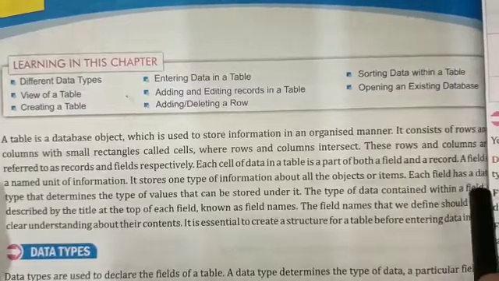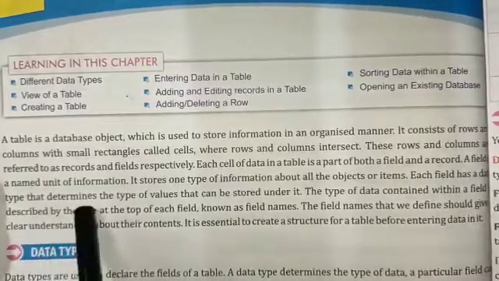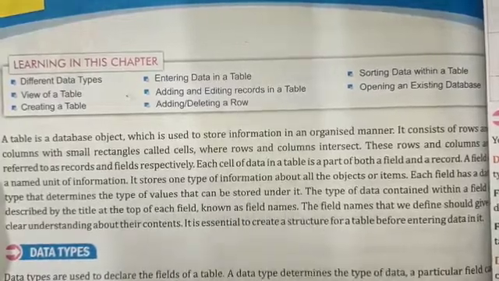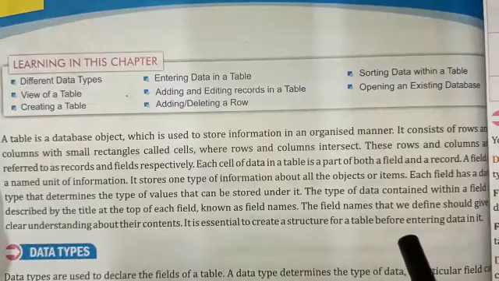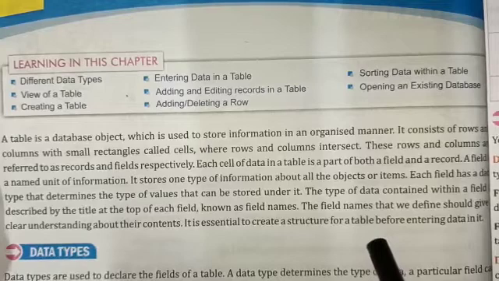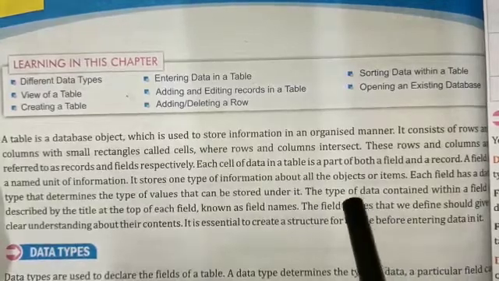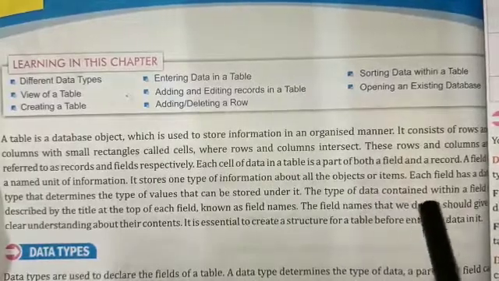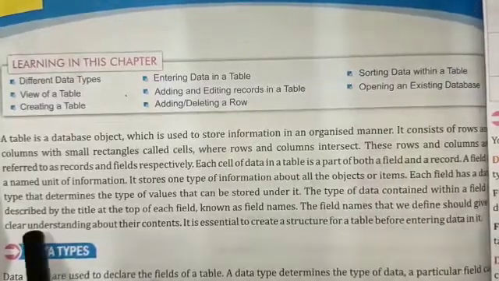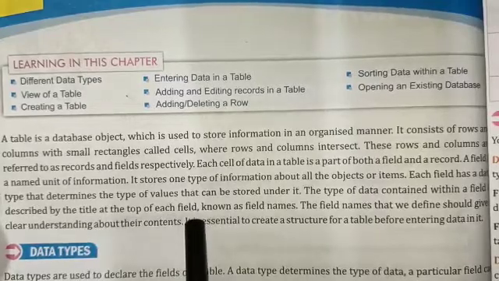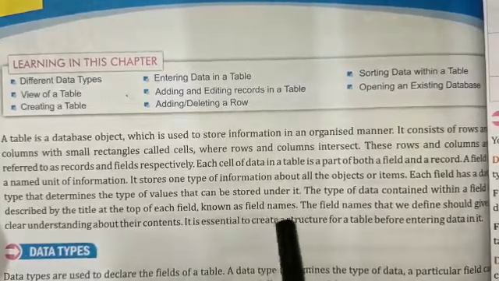Each field has a data type that determines the type of values that can be stored under it. The type of data contained within a field is described by the title at the top of each field, known as field names.